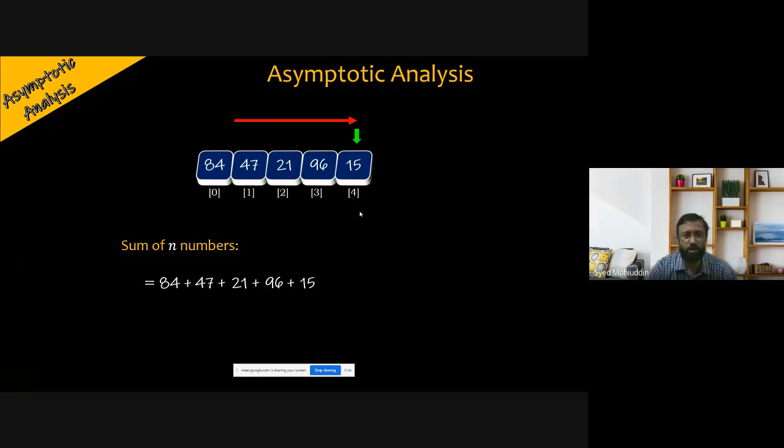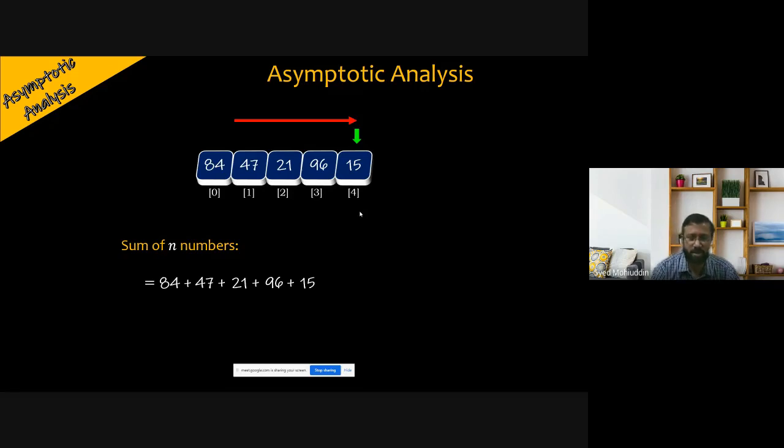Remember the previous example: the worst case was traversing till the end, whether the element might be found or not. Here also, we have to traverse till the end. So traversing all the elements of the array is nothing but the worst case.